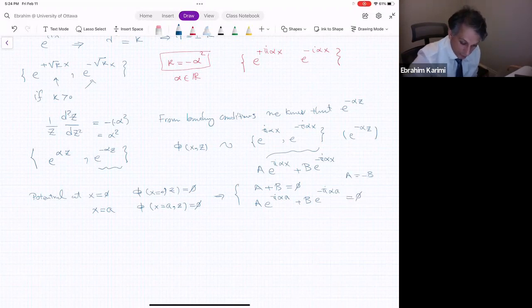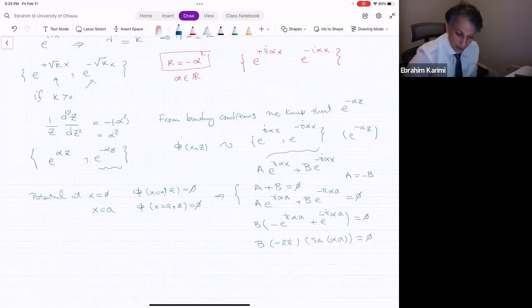Then I will factor out the b from the second one. Then I will get minus e power of i alpha a plus e power of minus i alpha a equal to 0. Then this is minus 2i sine of alpha a. So that means that it will be b times minus 2i sine of alpha a should be equal to 0.